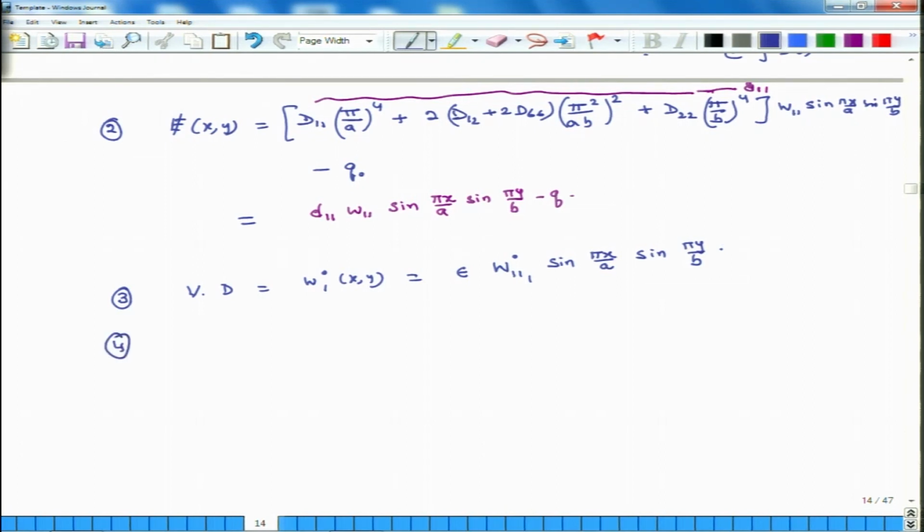Now, using this I compute the virtual work and equate it to 0.